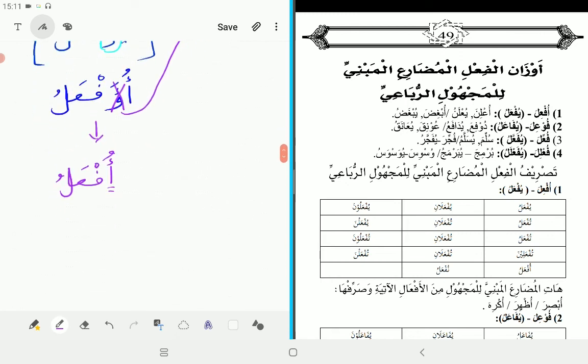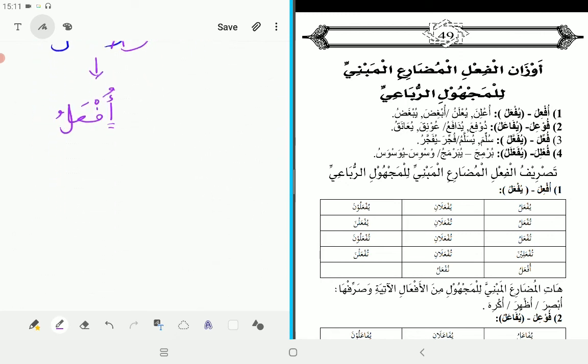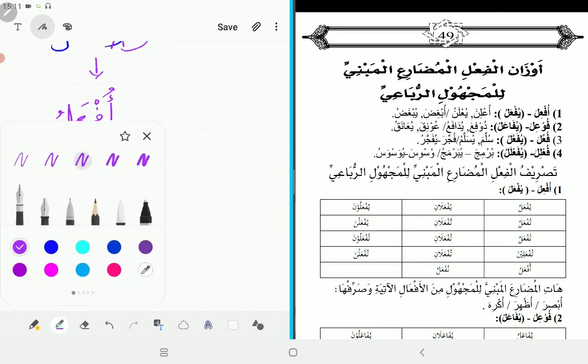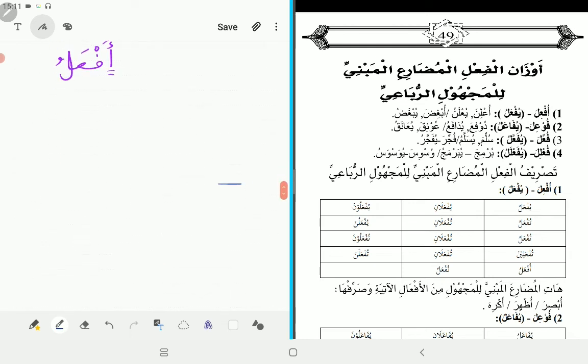Jayed. So if we're to apply this principle to the rest of the mudari rubai, it would be the same. It would be the same. So, for example, you have the verb فُعِلَ. فُعِلَ.